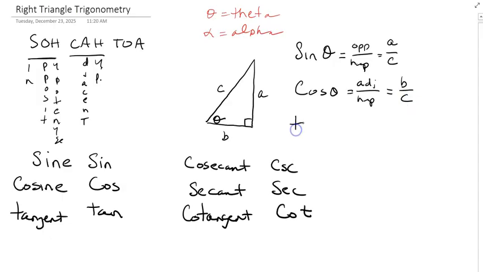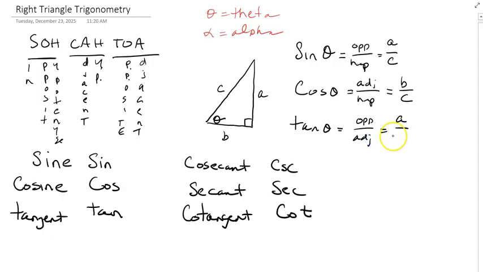And tangent, you can take a look at this. Tangent is opposite over adjacent. So opposite, of course, is A, over B.